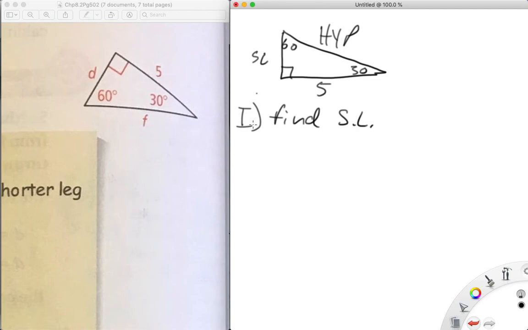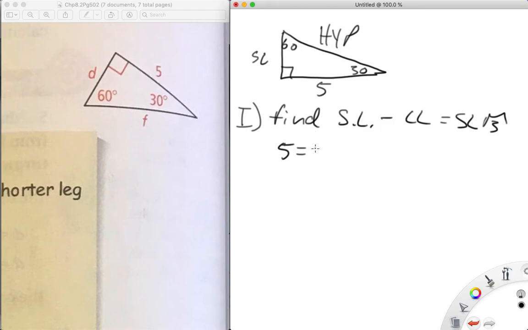And I use that with the equation long leg is equal to short leg times the square root of 3. So I know the long leg is equal to 5.